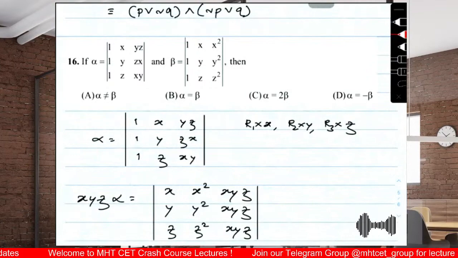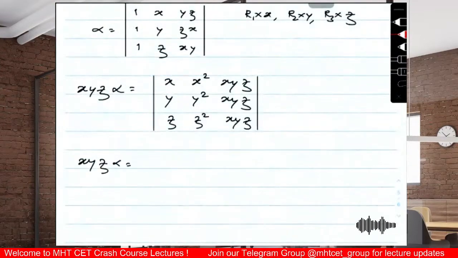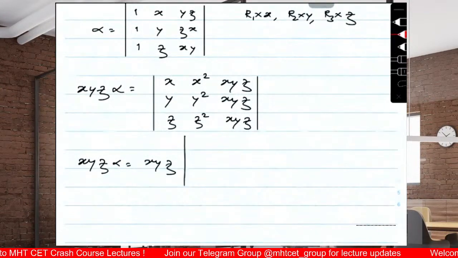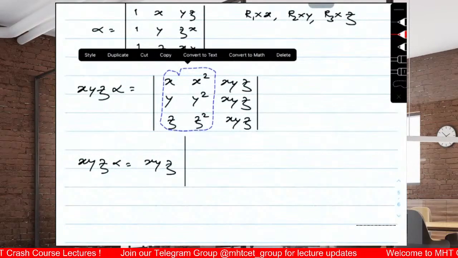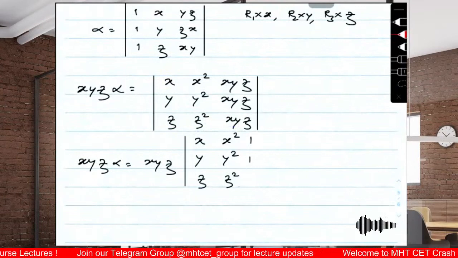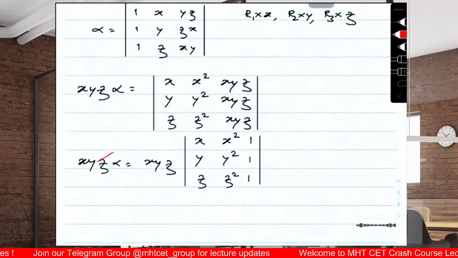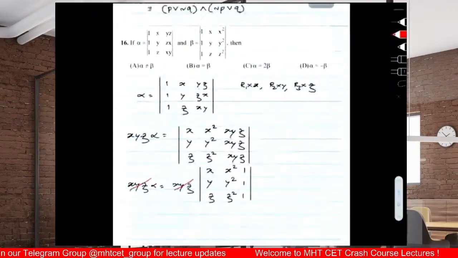Last column में से xyz common ले लो. xyz into alpha is xyz into determinant of these terms as they are, and 1, 1, 1. xyz will cut. इनको दो बार इंटरचेंज करोगे तो बीटा मिल जाएगा.